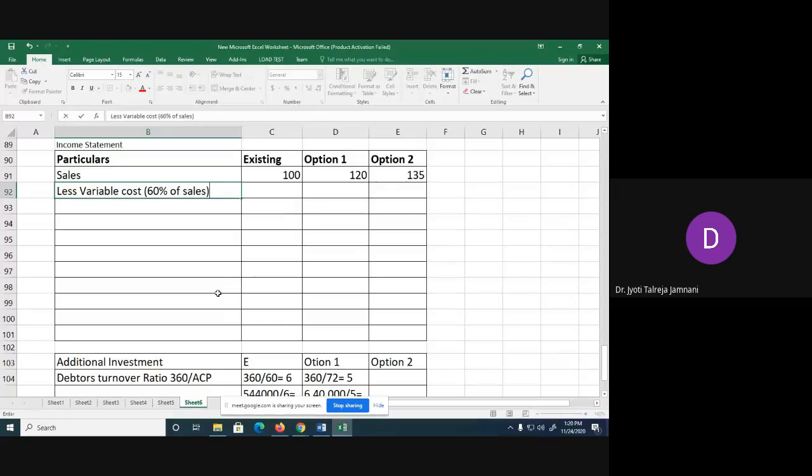Okay, so we'll find 60% of 100 is how much? 60. 60% of 120, 72, and 60% of 135, 81. So these are the values of variable cost. When we minus the variable cost, we get the contribution margin.